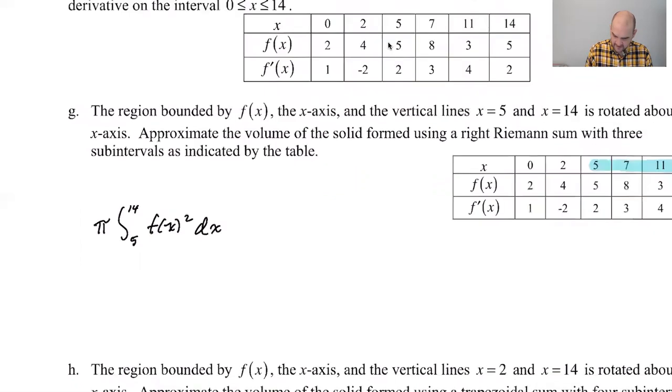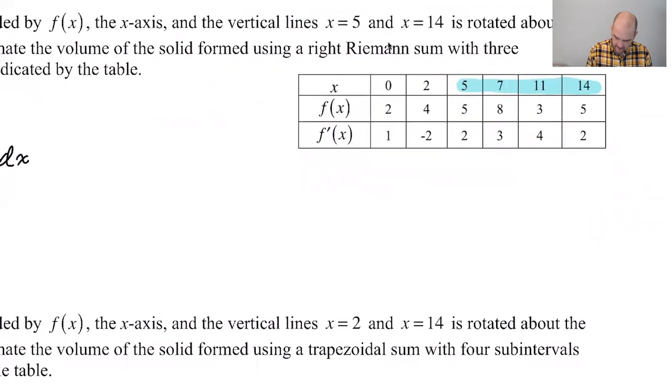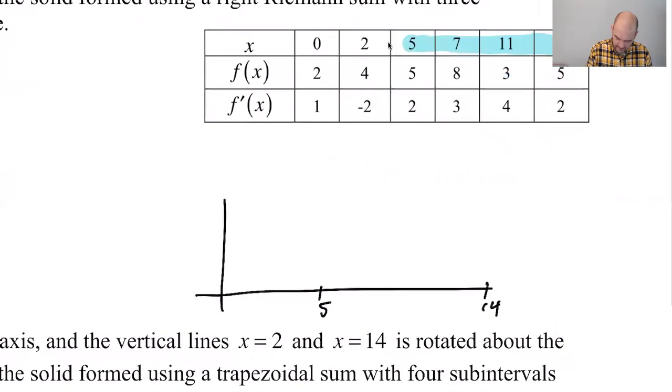Now maybe it would be helpful if we created a little scatter plot. It doesn't need to be great, it just needs to work. So 5, 8, 3, and 5.